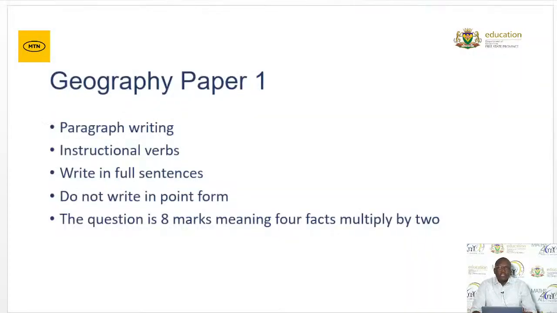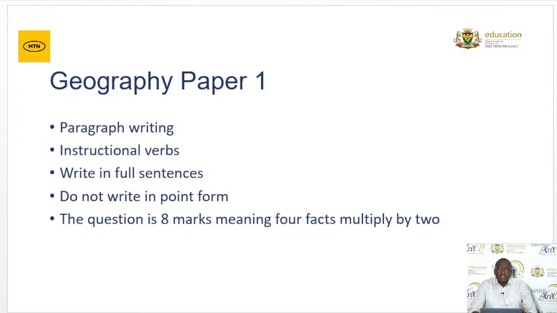Now, for paper 1, we have paragraph writing, obviously. This is where we have some problems, because the majority of our learners are not following the instructions of questions. If the question is phrased as a paragraph of approximately 8 lines, you must write a paragraph, not point form.